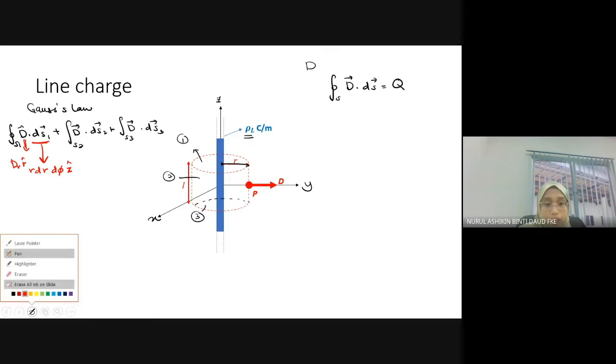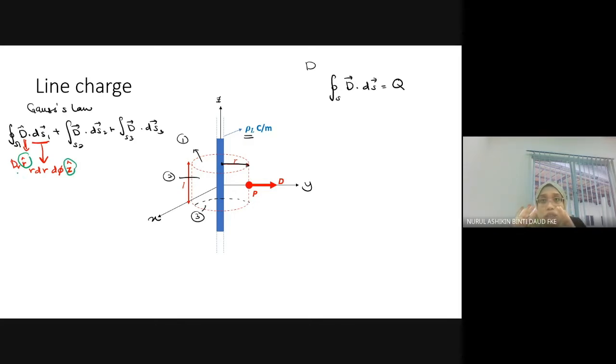In this dot product, the directions are different, and in an orthogonal coordinate system all directions are normal to each other, at 90 degrees, so this gives 0. There is no z component, so there is no electric field density there. That's surface number 1.